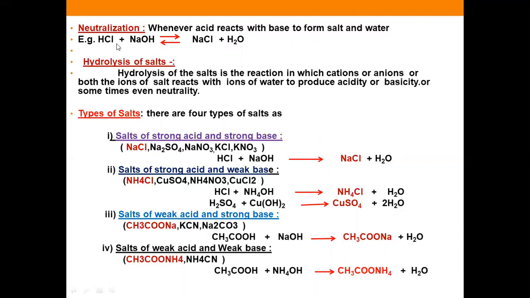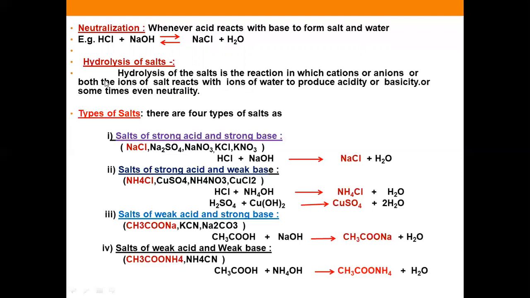Therefore, the hydrolysis of salts is defined as the reaction in which cations or anions or both the ions of the salts react with ions of the water to produce acidity, basicity or sometimes even neutrality.